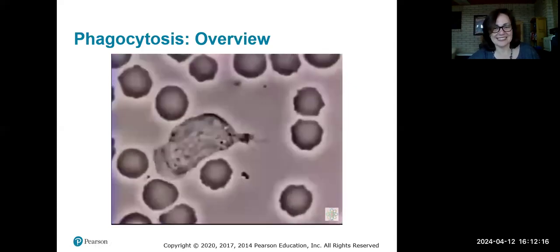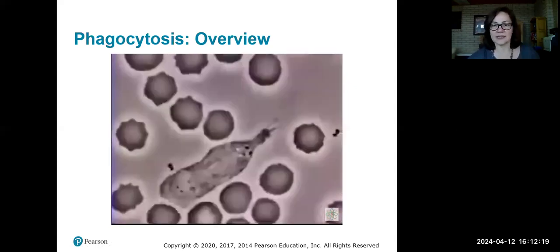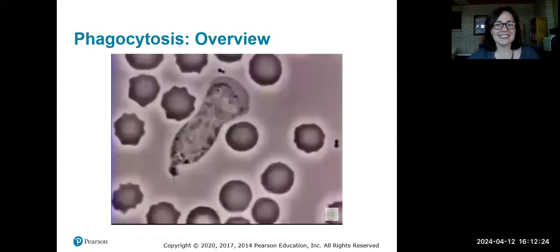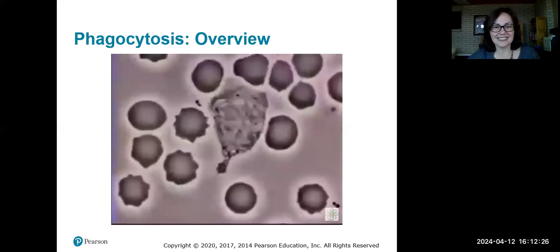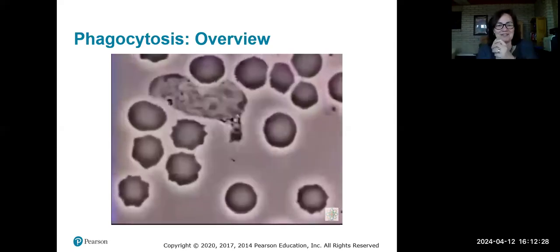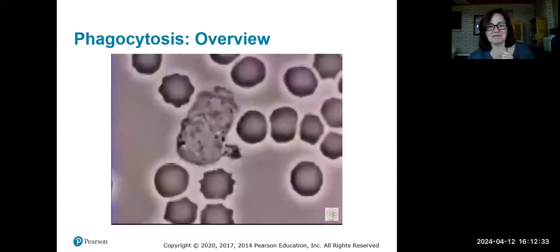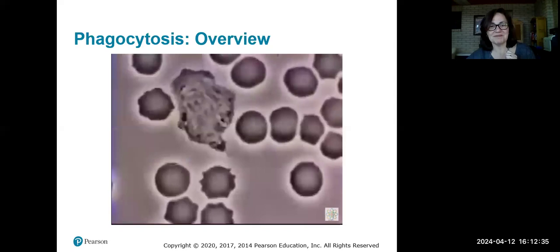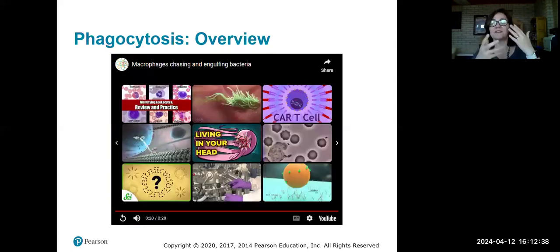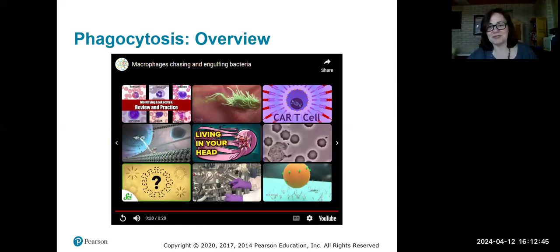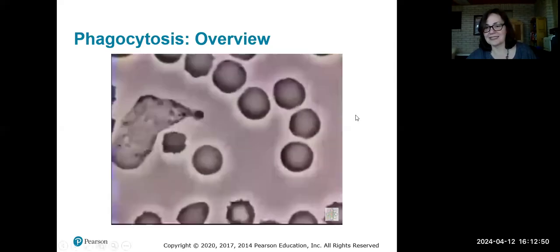Spoiler, it gets it. Yay, it's awesome. Yeah, so the cell itself is changing the cytoskeleton inside to continue changing shape and moving after the bacteria.